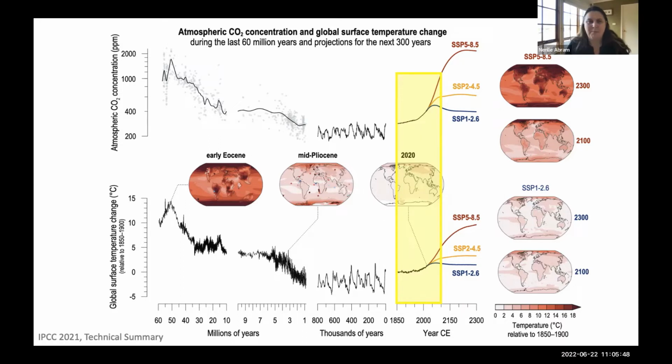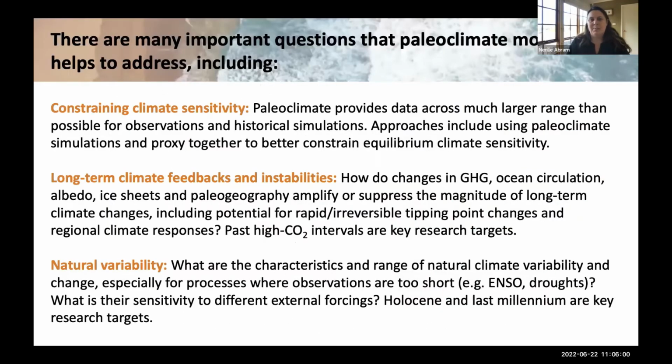And so that's where paleoclimate modelling comes in to provide additional perspectives that we can't get from that historical and 21st century interval. Some of the main questions that are important in terms of how paleoclimate modelling helps to move us forward in understanding climate: one of those is in constraining climate sensitivity.